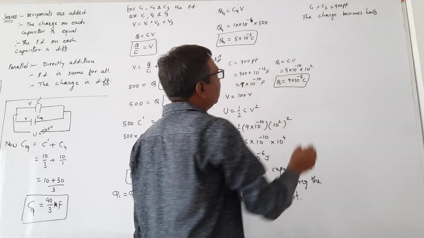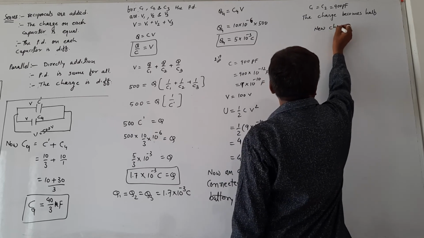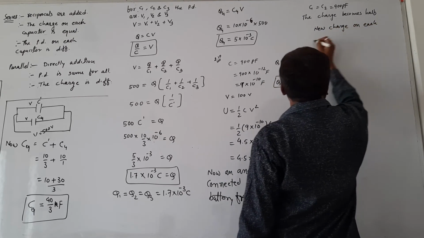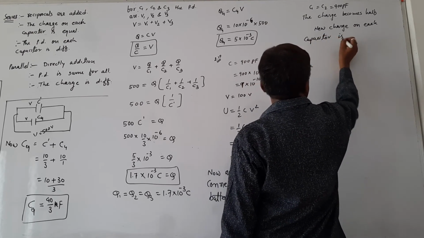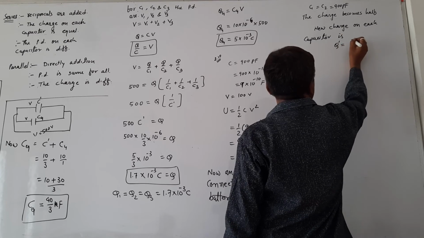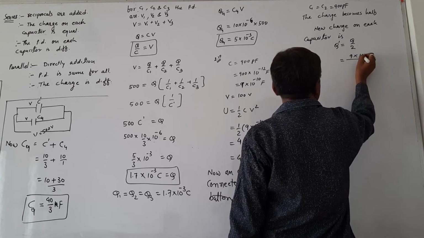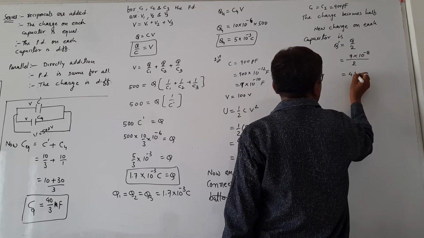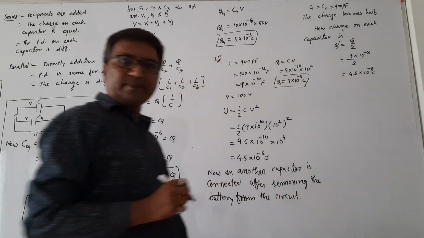So now the new charge on each capacitor is Q dash is equal to Q divided by 2. That is 9 into 10 raised to minus 8 divided by 2, 4.5 into 10 raised to minus 8 coulomb.